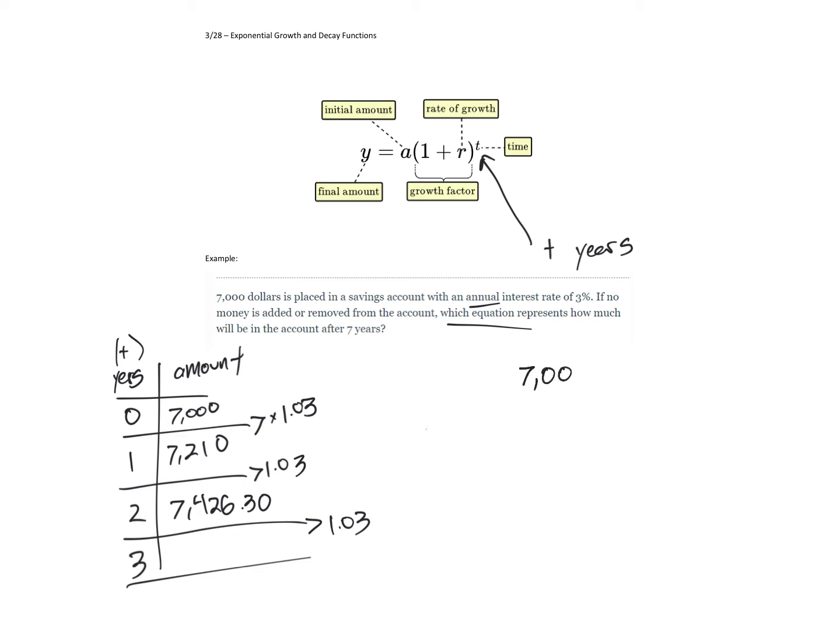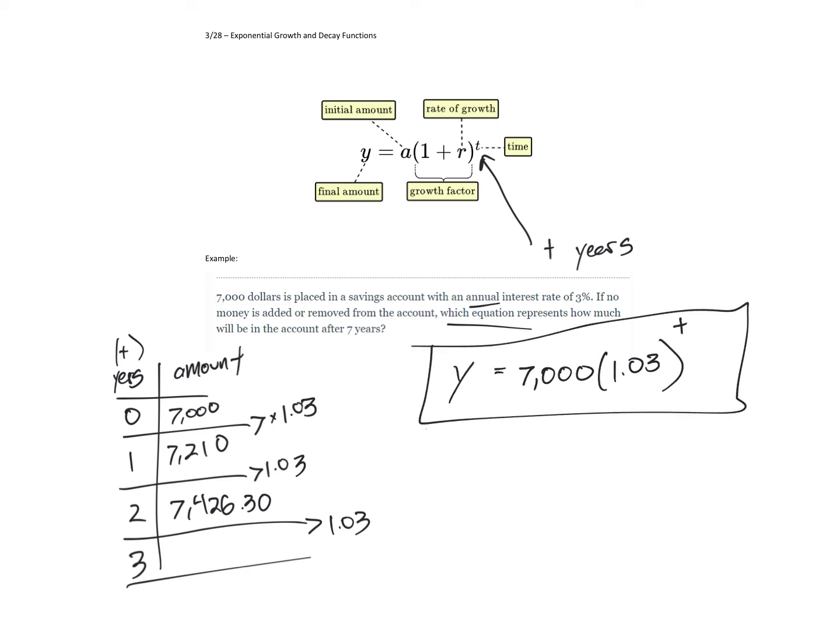7,000 times 1.03. And so how do we make an equation that represents this, here it is, with T. That's the equation, okay? 7,000 is your starting amount. Add 3% to 1, and then T is how many years have passed.